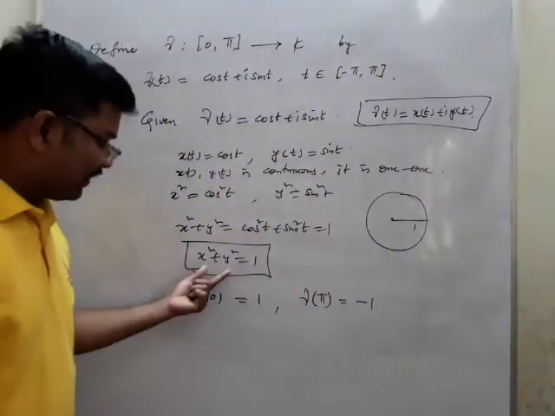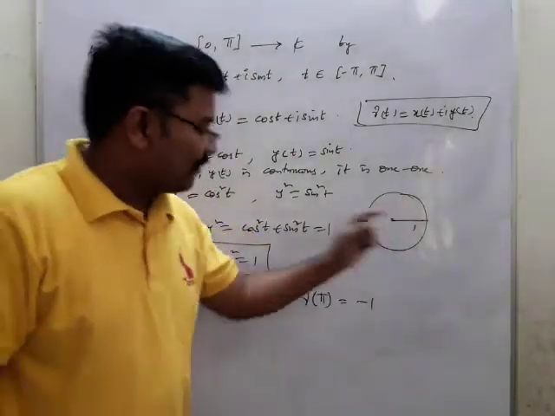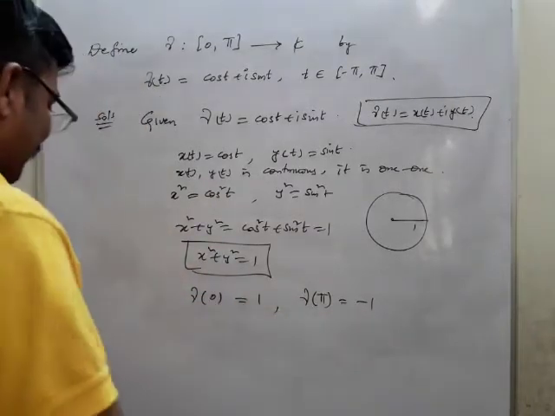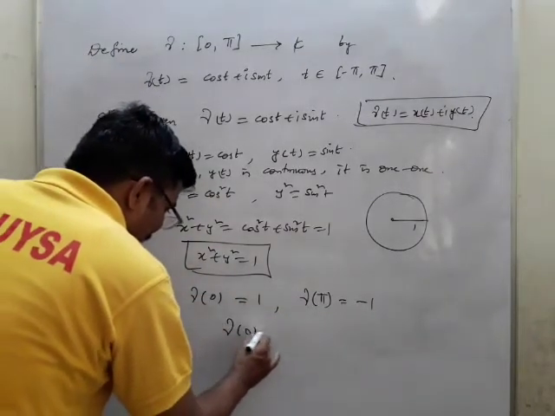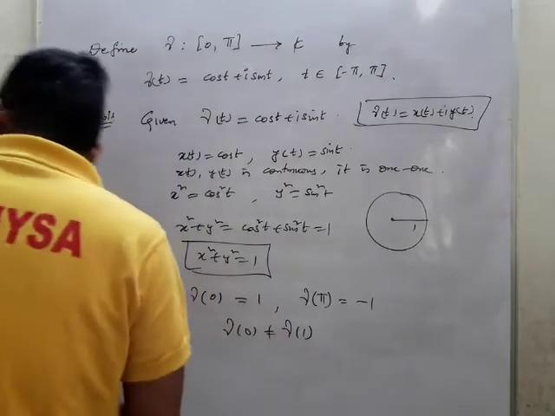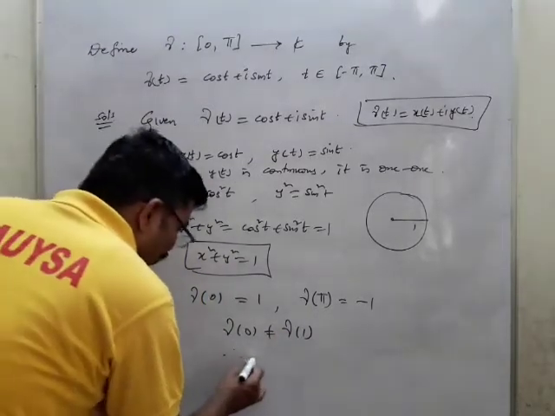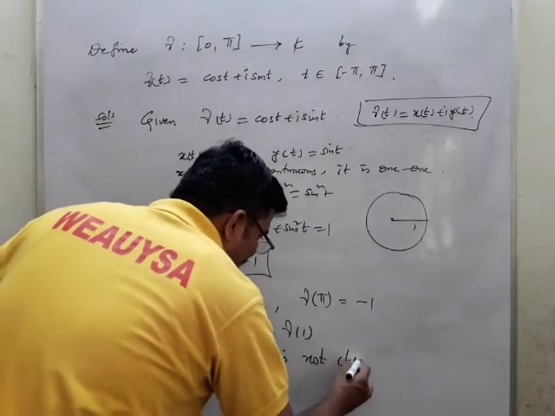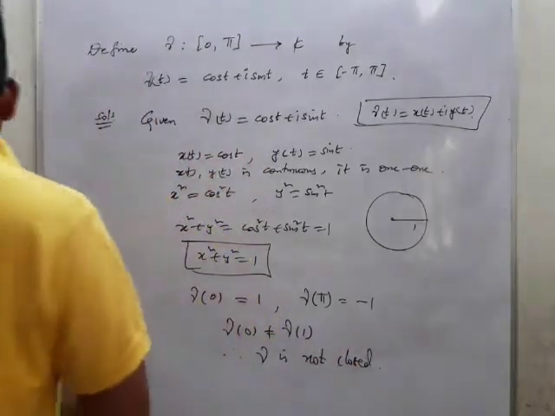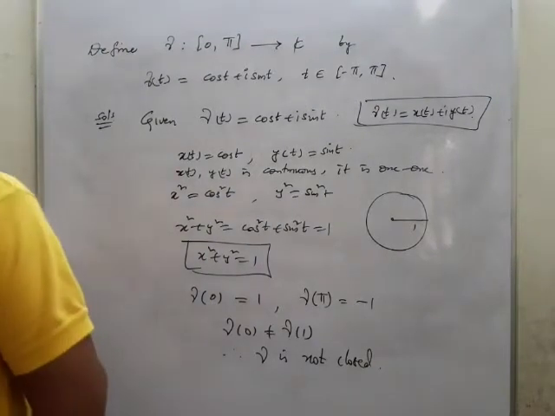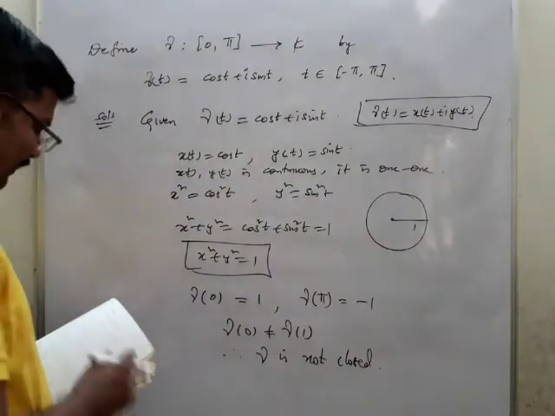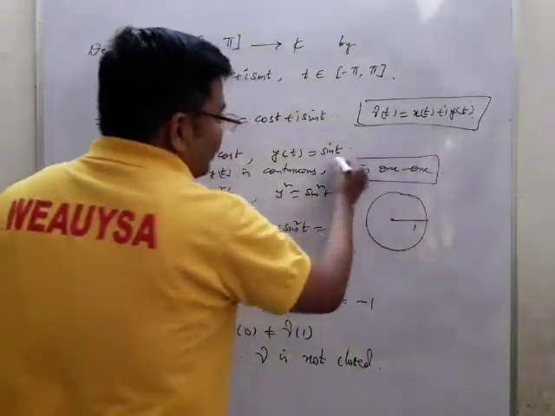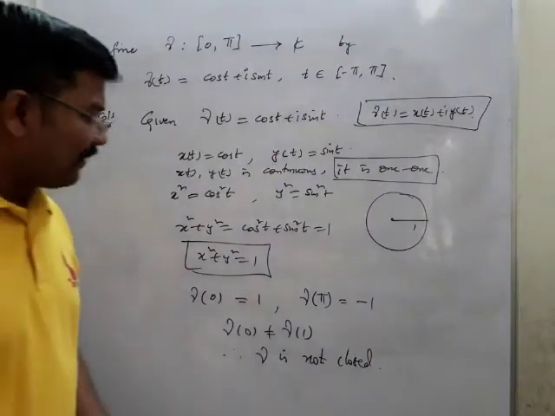By this equation you got a circle, but you can understand gamma of 0 is 1 and gamma of pi is minus 1. Since gamma of 0 is not equal to gamma of pi, it is not closed. Gamma is not closed, even though it is a circle. But clearly we can say that it is one-one.